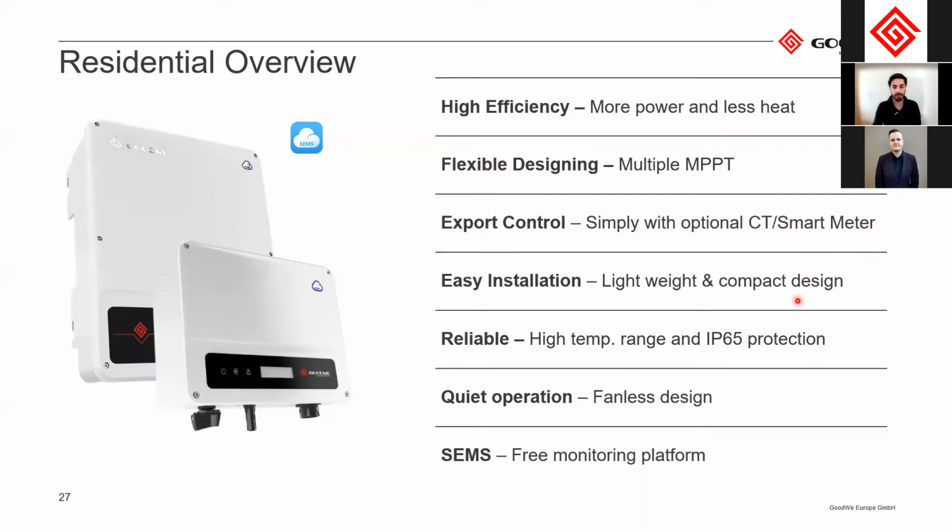They are lightweight and compact in design, and they have IP65 protection. And due to the cooling system, they are usually very quiet. And of course, we have the monitoring portal for free, which we will talk about more later on.